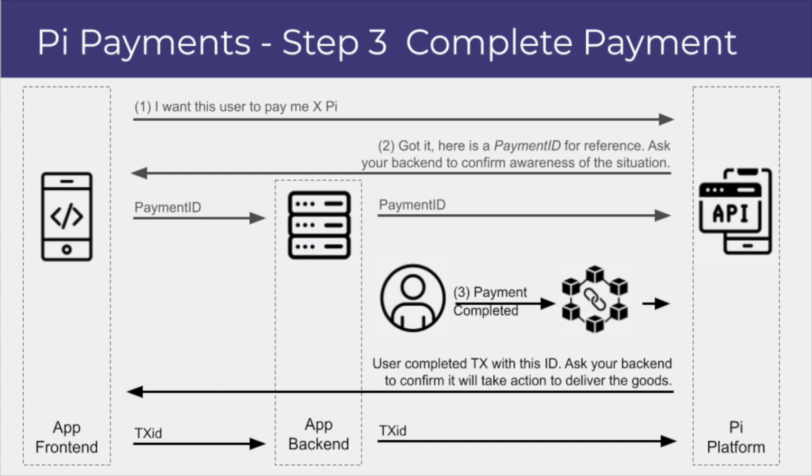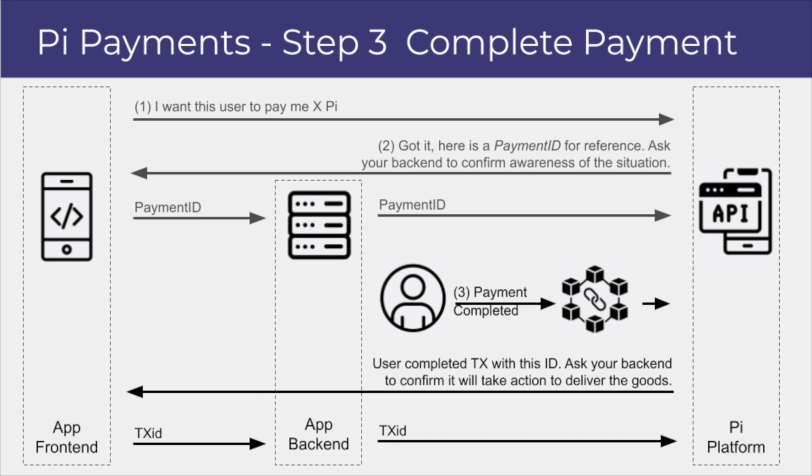So now the transaction ID is returned to the app's front end, and there is another round of sending it back through the backend in order to, once again, kind of prove that the transaction ID has been received and that there is a good chance whatever goods will be delivered. And so this transaction ID has to be sent by the app's front end back to the app backend, and the app backend has to send it again to the Pi platform through the process that we call server-side completion.